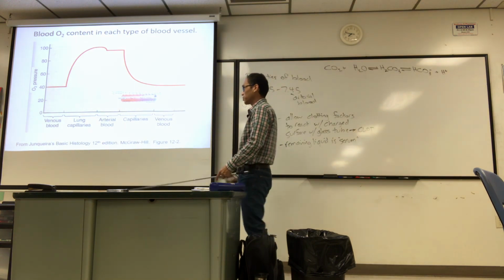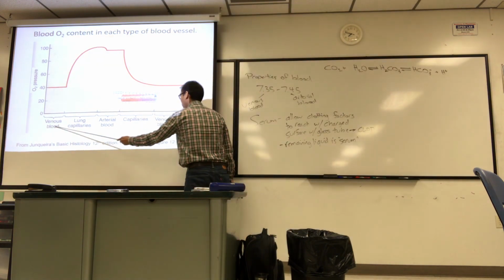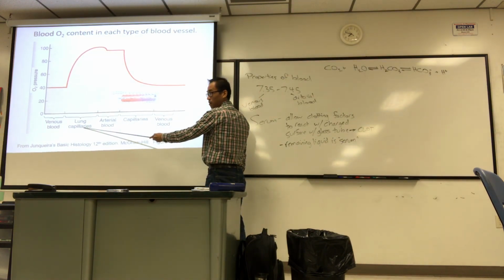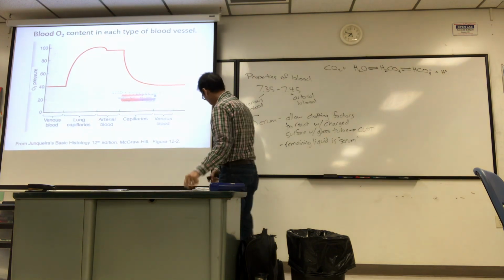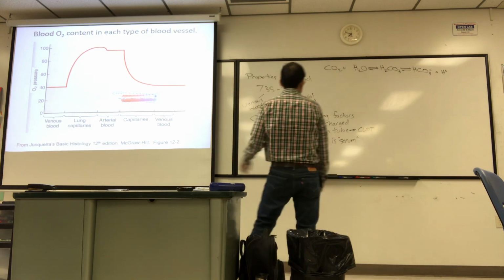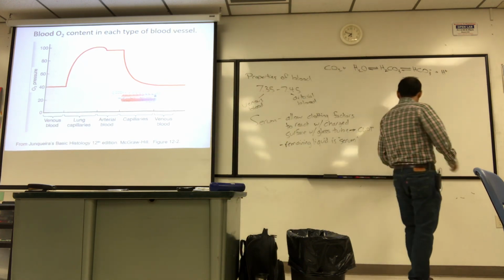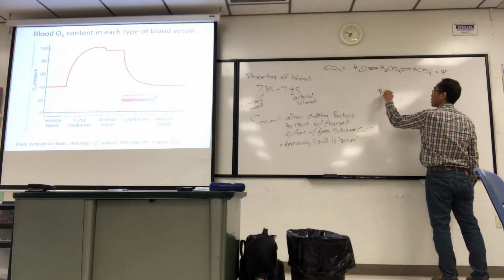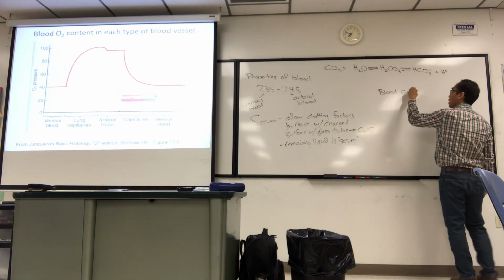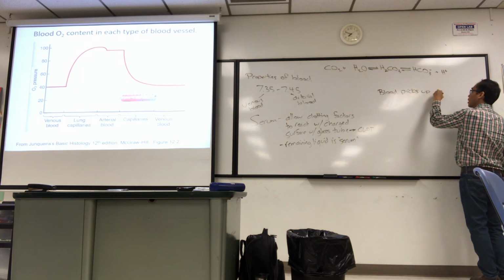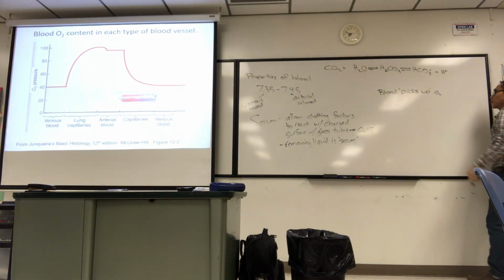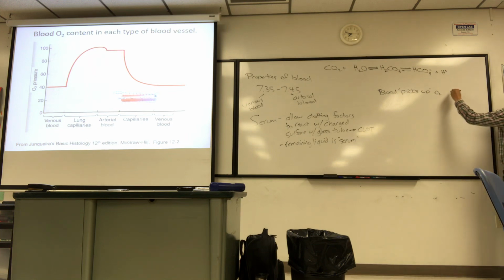So since we're studying blood vessels, which blood vessels pick up the O2? Right there. That's where you pick up the O2. The pulmonary capillaries, right? Picks up is not really a scientific term.